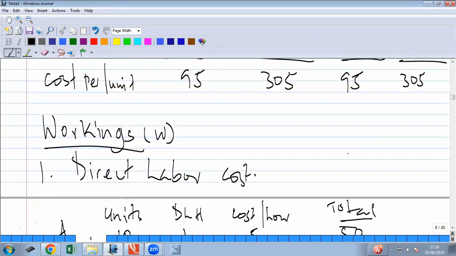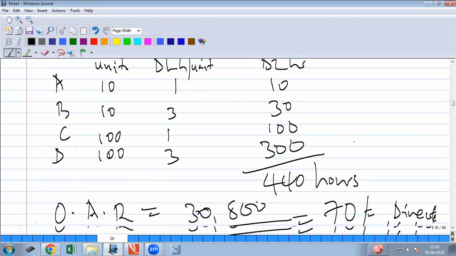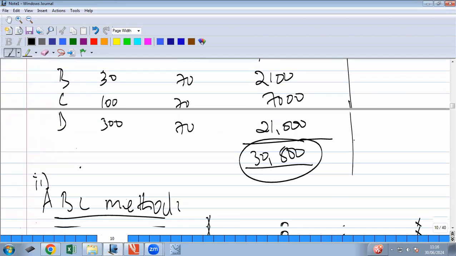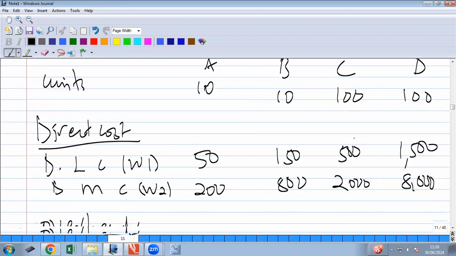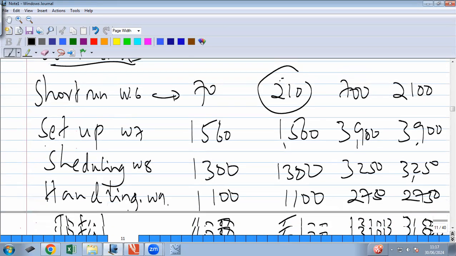ABC. Under the ABC method, 2,100, are you meaning this? Yes. How did we get this? Go to working number 6. Let's check working number 6, which is short run.